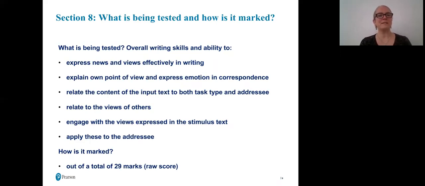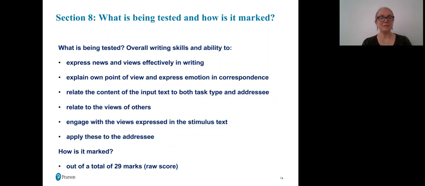So you'll notice that a lot of these relate to views and opinions, because the reading text for section 7 is an opinionated text rather than an informative text.